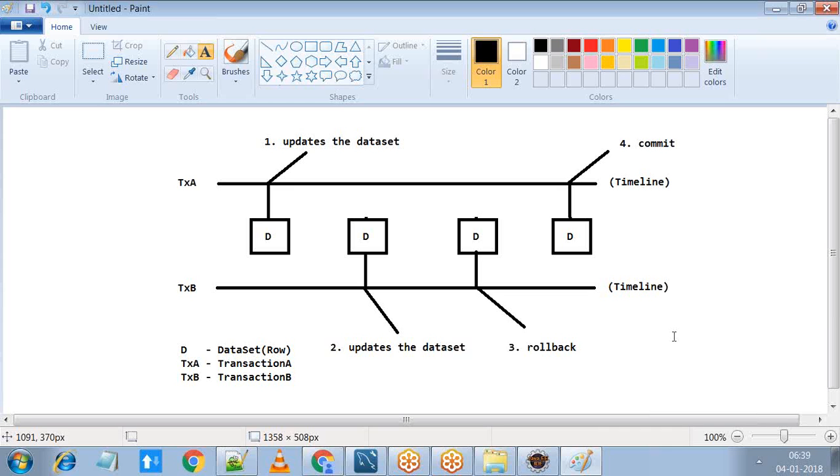So what happens if transaction B rolls back? Rollback means the changes done by the transaction will be undone. Whatever changes have been done to the data set will be undone.